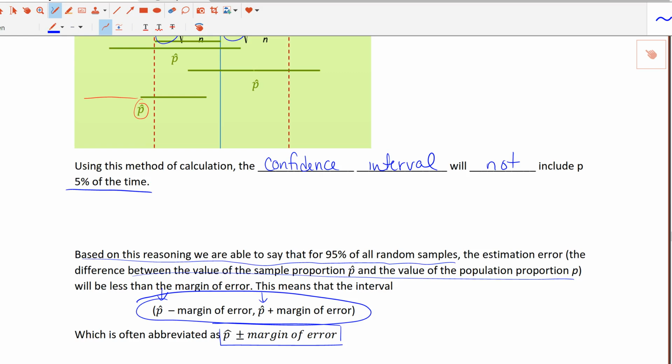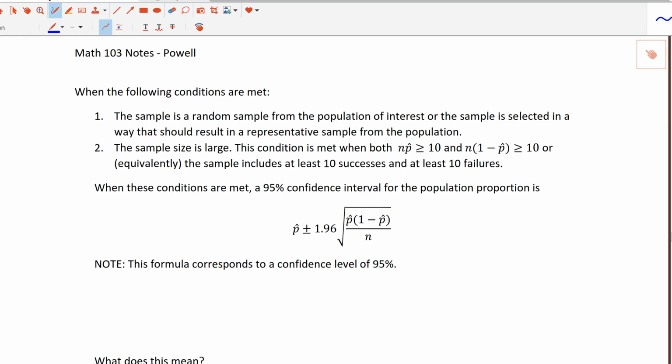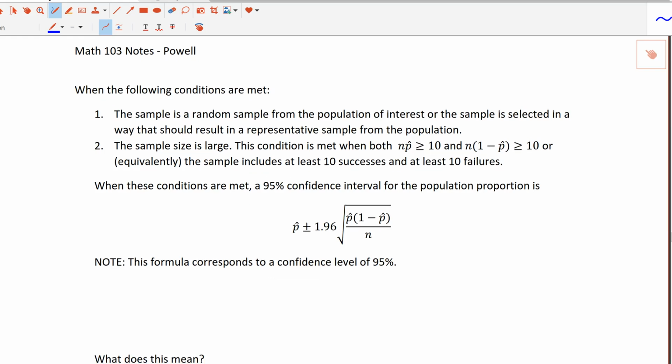Okay. So again, when certain conditions are met, we are able to use this, right? Let's review. We know that the sample has to be random, or has to be a representative sample of the population. We have to have a large enough sample size so that we can expect at least 10 successes and at least 10 failures.